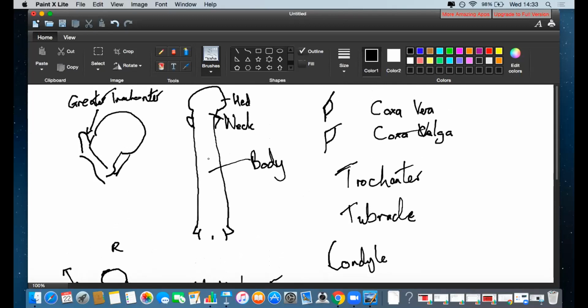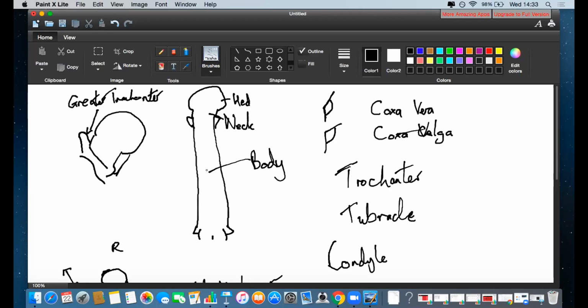Now, to really risk taking this further, the bodies of the bones are usually called shafts, so they can sometimes be called shafts. The significance with this is that some muscles will have really strong attachments to the body or the shaft of the humerus and the femur.